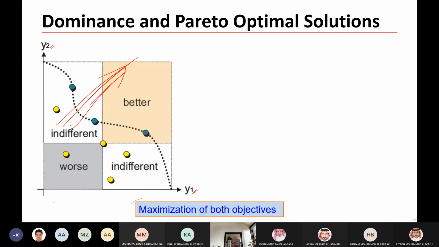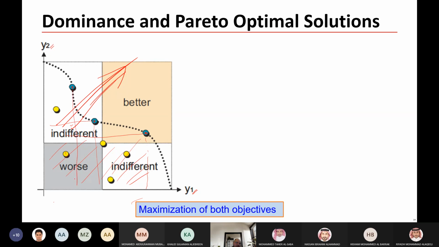So what do you think? Any answer? How many solutions are covered by this one? Four solutions. All solutions in this region are covered by this one. And this solution covers one solution.